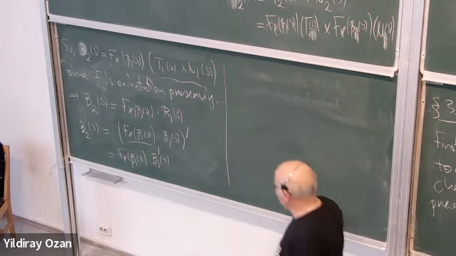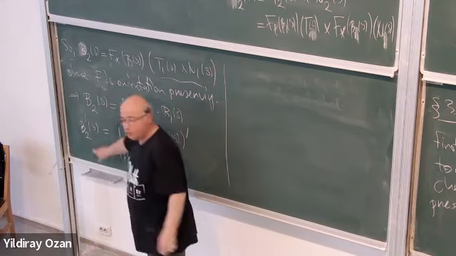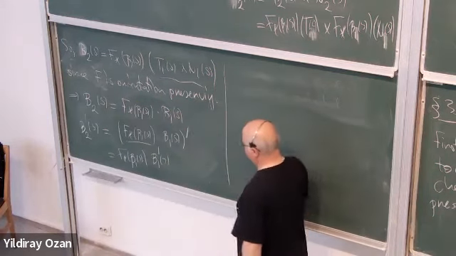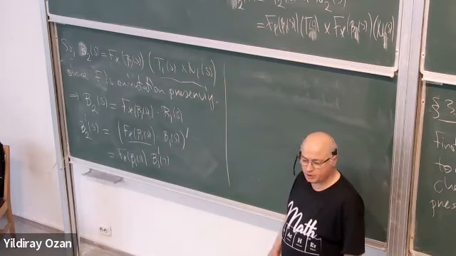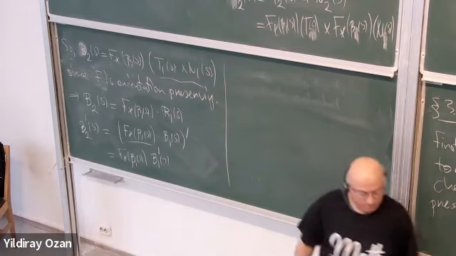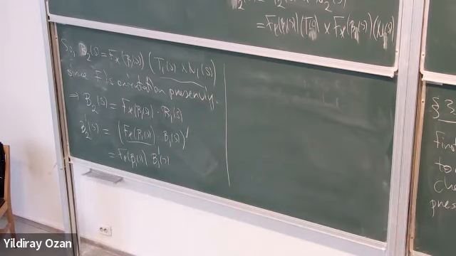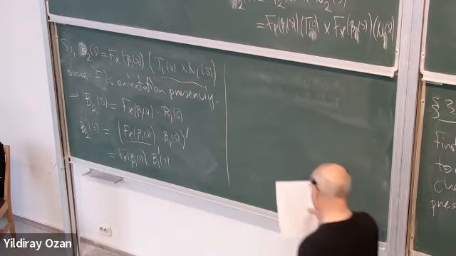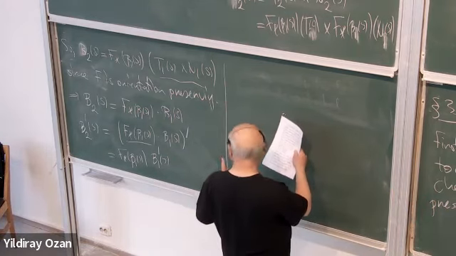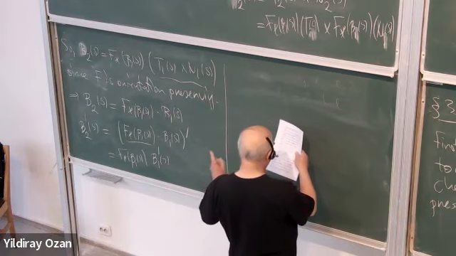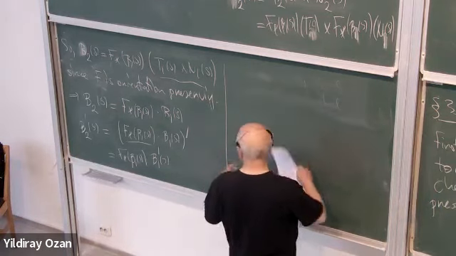So what is B2 prime? From the Frenet formulas, can you tell me what was it? Minus curvature times, okay. Let me say it. So B prime is minus torsion times n.